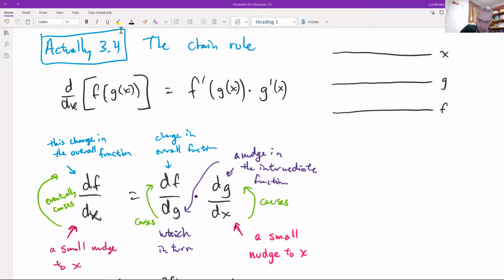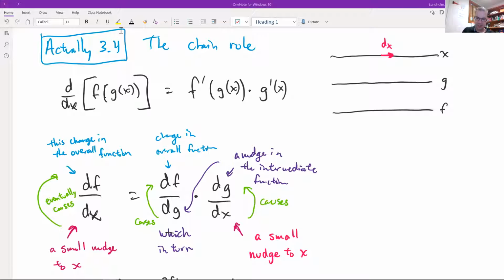And what we were imagining was that there was some little change in the input of X. And maybe we give that a direction. Yeah, I don't know, it's horrible. All right, so we nudge X a little bit in a certain direction.